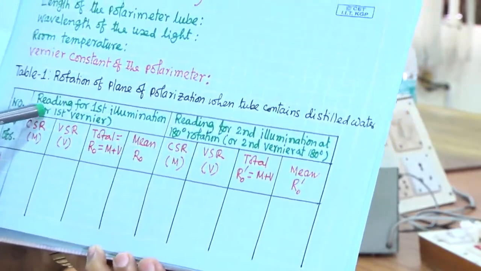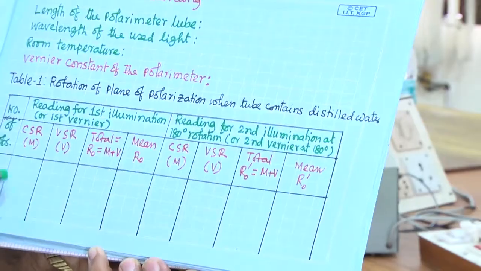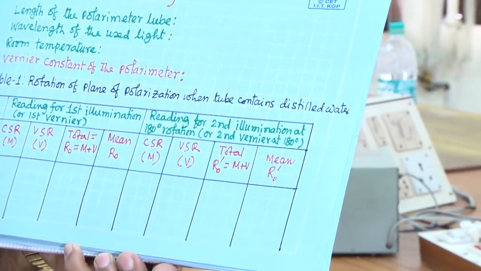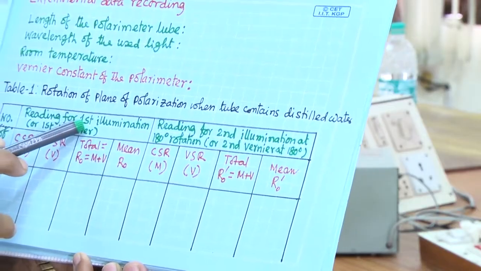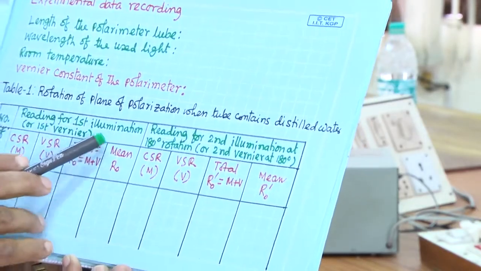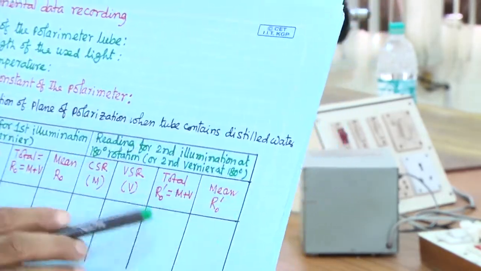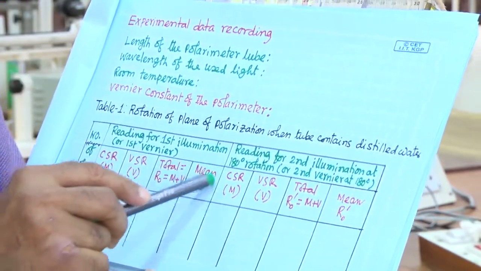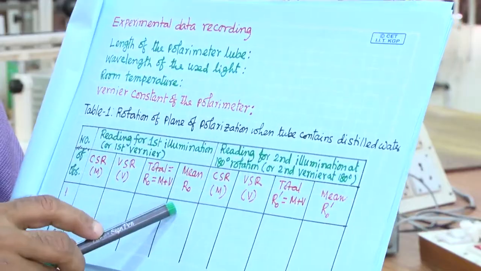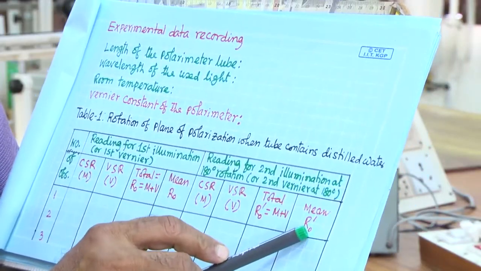You note down this reading, take observations 1, 2, 3 for the first uniform illumination, and for the second uniform illumination you take the reading. These are the mean readings for distilled water, R0 and R0 dash.